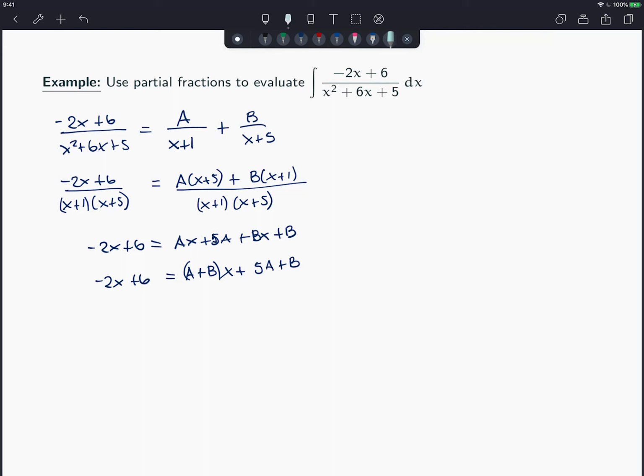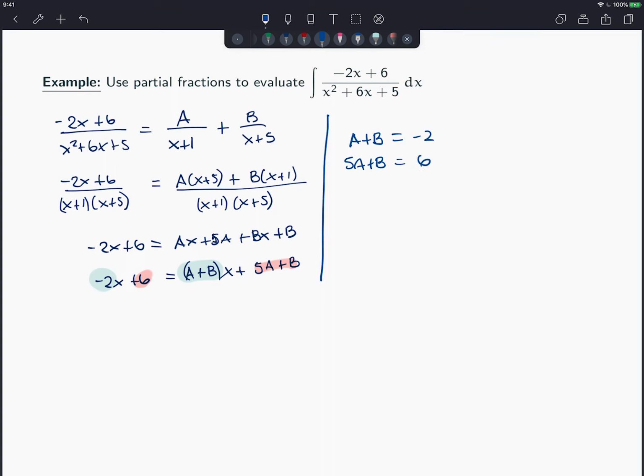So same as before, a plus b should be negative 2, and 5a plus b should be 6. So those are my system of equations with two variables. Let me write those over here. a plus b was negative 2, and 5a plus b was positive 6.